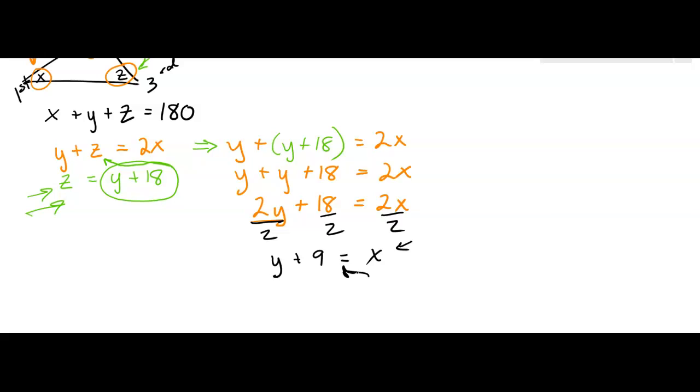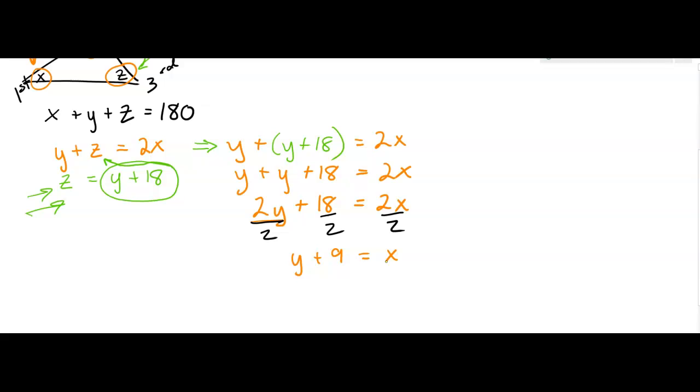So for color purposes, I'm going to make this orange so you can see it. Okay, it's probably silly of me to do that, but it might make it a little easier to follow. This is kind of a complicated problem.